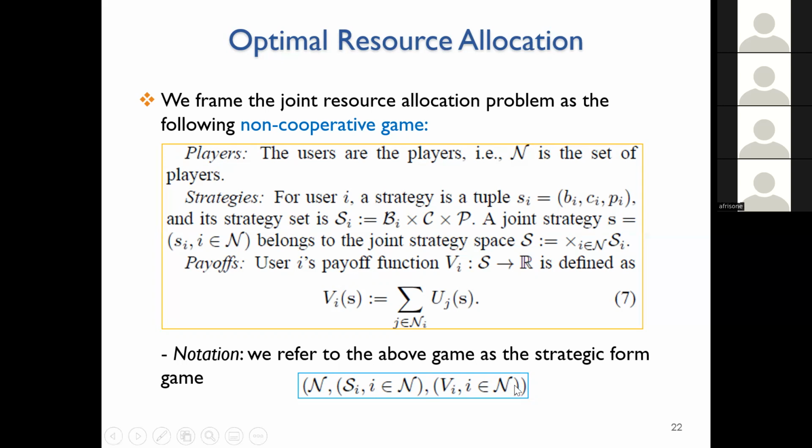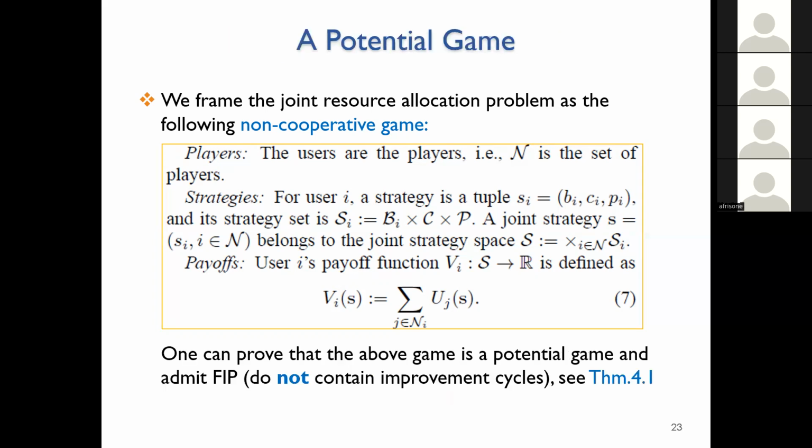That's it. I think this is quite typical in any textbook. You just plug and play this notation, and now you can check whether this would be a FIP, the finite improvement property game, and we are able to prove this and show that if you can define your V in a certain manner, due to your U and by the neighborhood, this is a social function which fulfills the property in some cases, it depends on your problem, and it admits the FIP, then you can prove it converges.